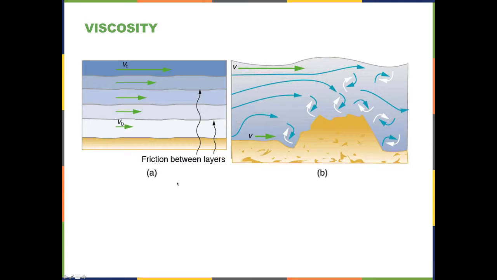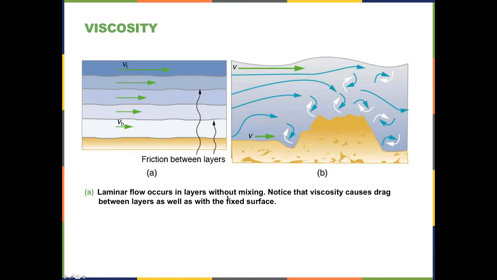Now A is a laminar flow situation without mixing, and the viscosity drag between layers is less, but what happens is you have friction based on its contact with the bottom, and the farther up it goes, the less friction there is, and the faster the flow is.